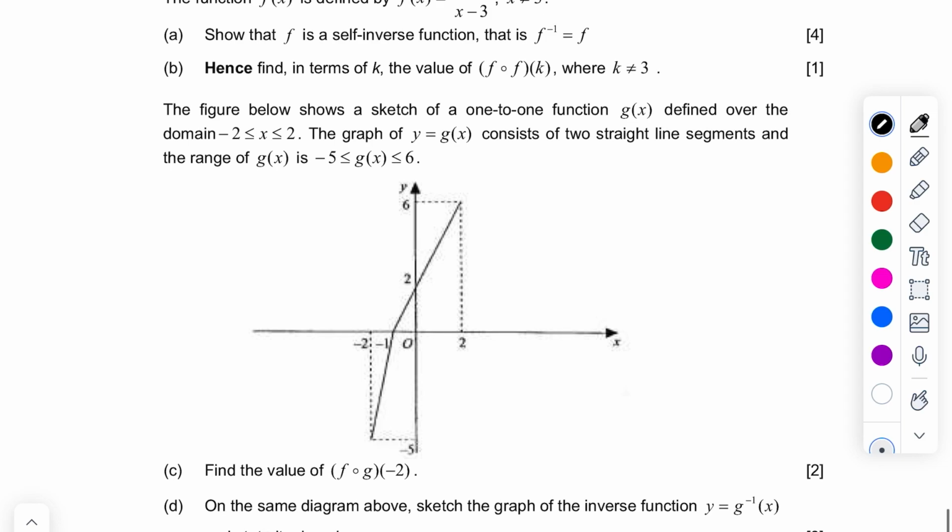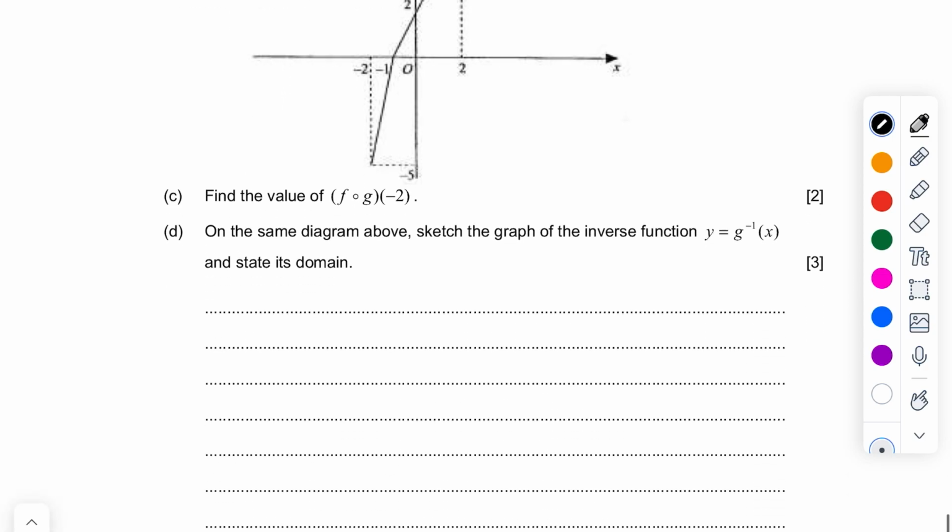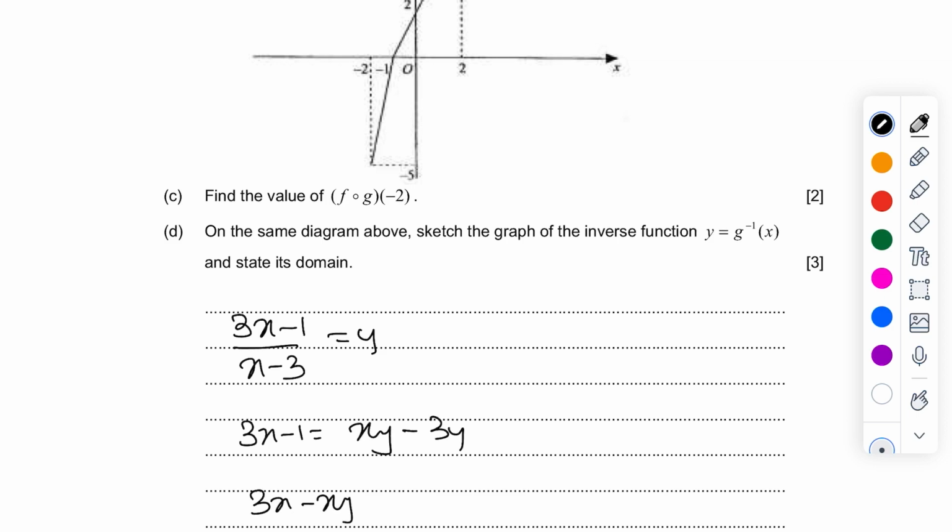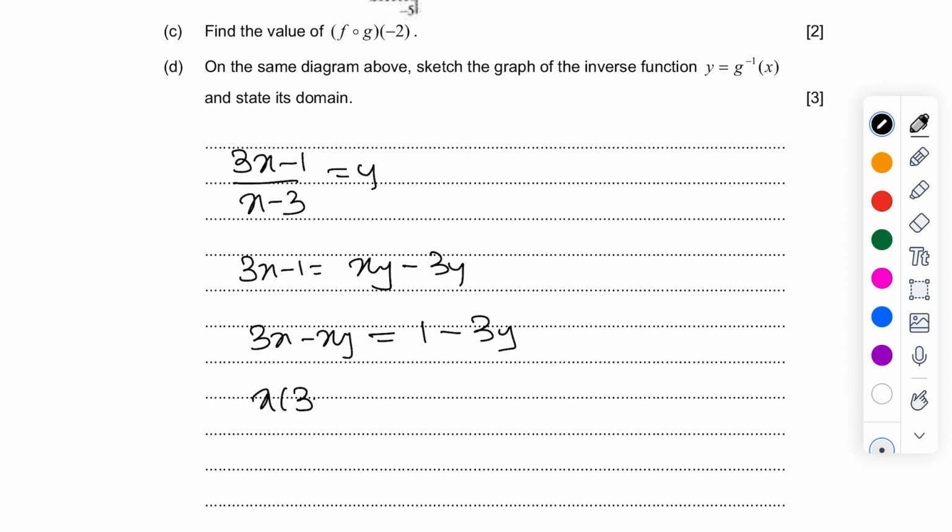Now question number 41. Show that f is self-inverse. So what am I going to do for that? 3x minus 1 upon x minus 3 equals y. 3x minus 1 equals xy minus 3y. 3x minus xy equals 1 minus 3y. x common, 3 minus y equals 1 minus 3y.